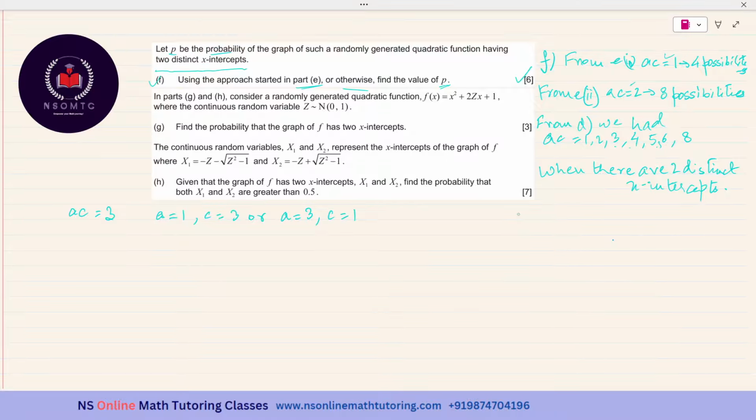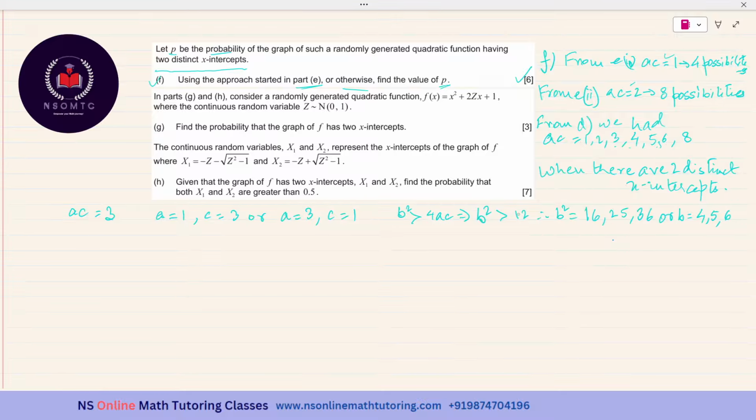And for two x-intercepts, we should be having B squared greater than 4AC, which implies B squared should be greater than 3 times 4, which is 12. So therefore, possible values of B squared will be 16, 25, and 36, or B equal to 4, 5, and 6.